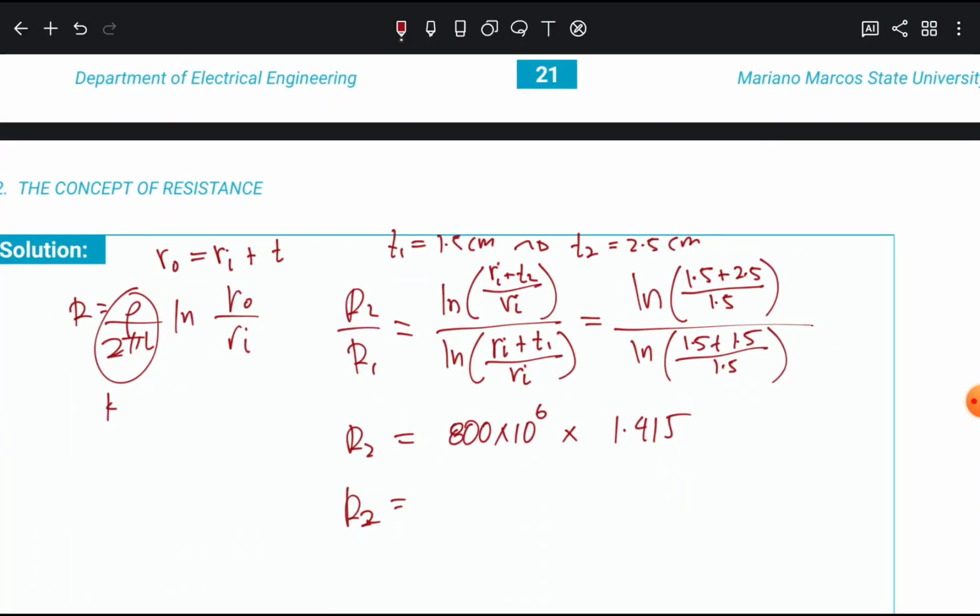And the answer, you can just multiply 800 times 1.415, that's 1132 times 10 to the 6 ohm per kilometer.